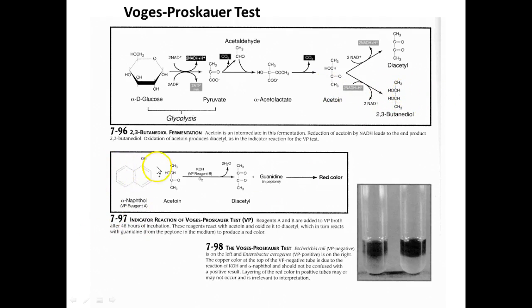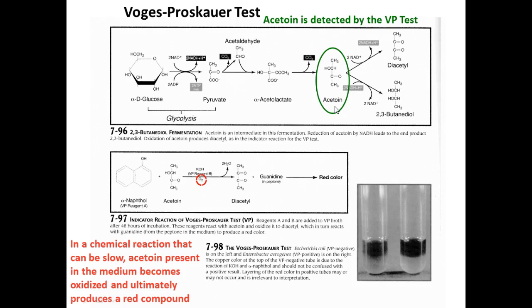When we added the alpha-naphthol, it bound with the acetoin. Then we added the potassium hydroxide. It also bound with these molecules. It forms diacetyl, which then binds with guanidine, which is in the media itself, and it will produce a red color.